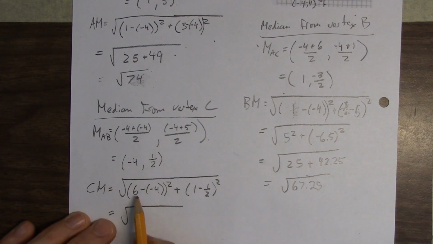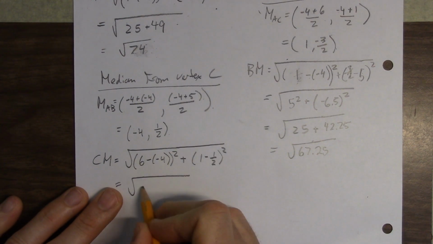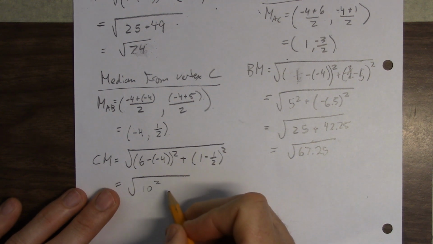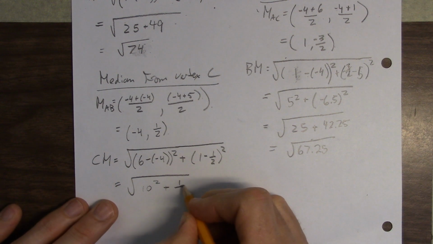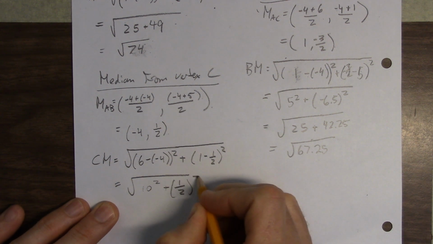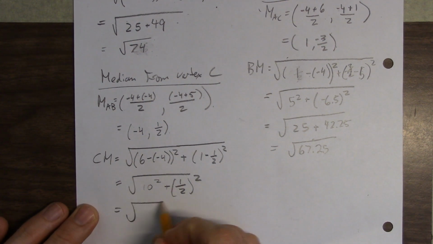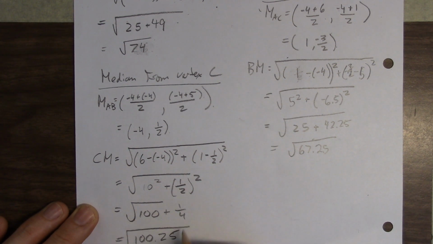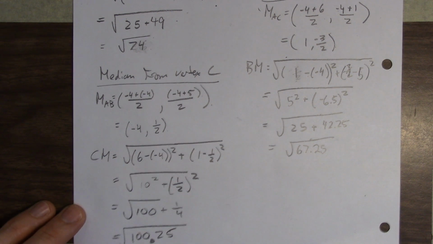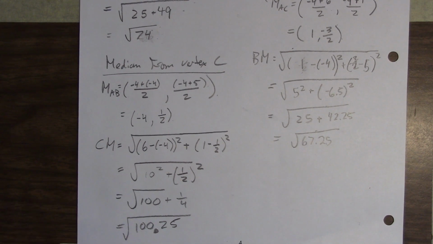So we get the square root of 6 plus 4 is 10 squared, plus 1/2 squared is 1/4. So 100 plus 1 over 4 equals 100.25, square root. Alright. Made it. 5 minutes to spare.